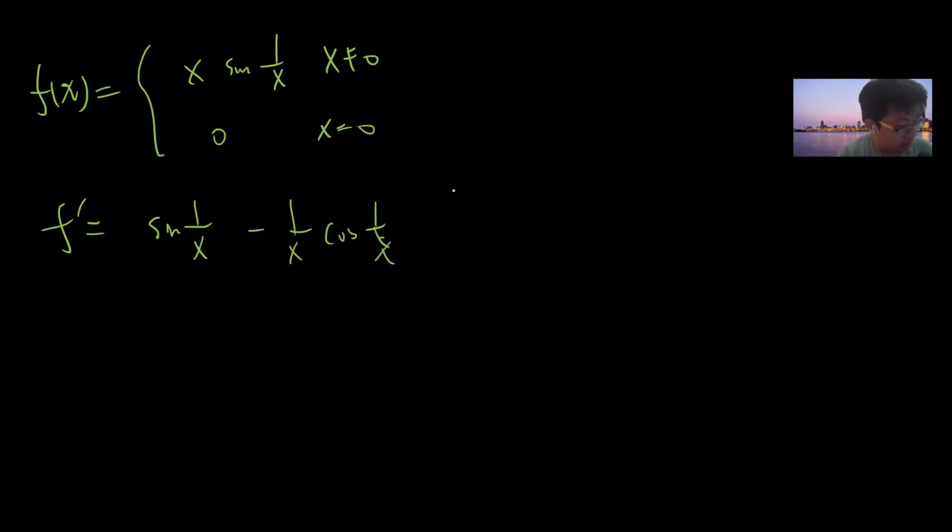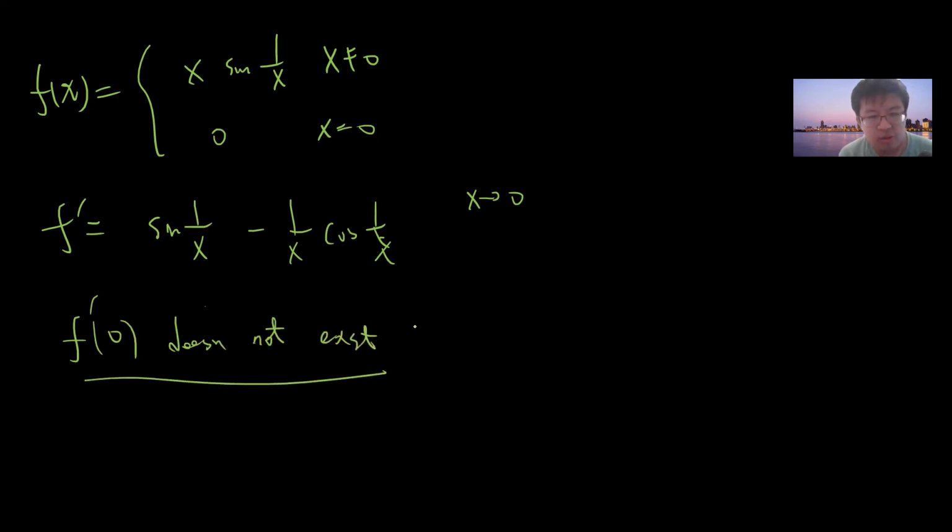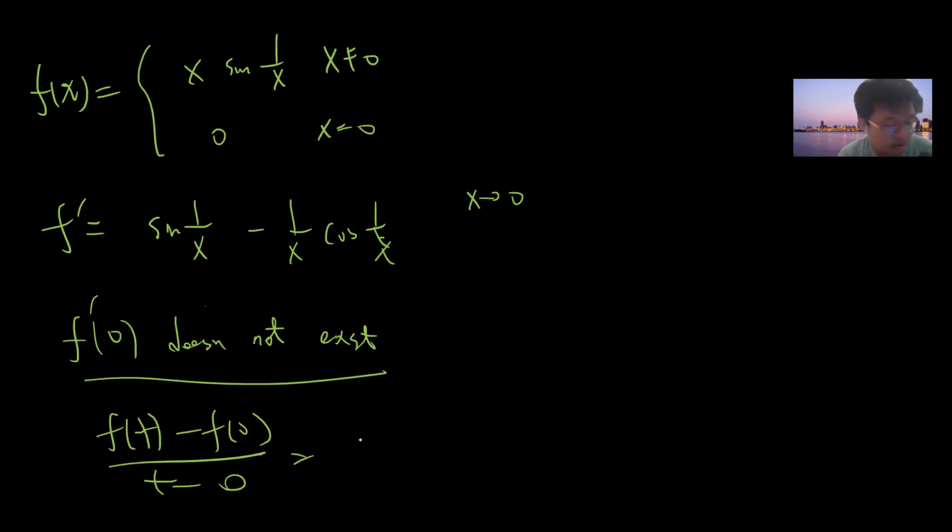If you let x approach 0, this blows up, since it is sine of infinity. So the limit does not exist. Or you can start from the definition: f of t minus f of 0 over t minus 0 is sine 1 over t, which also does not exist.